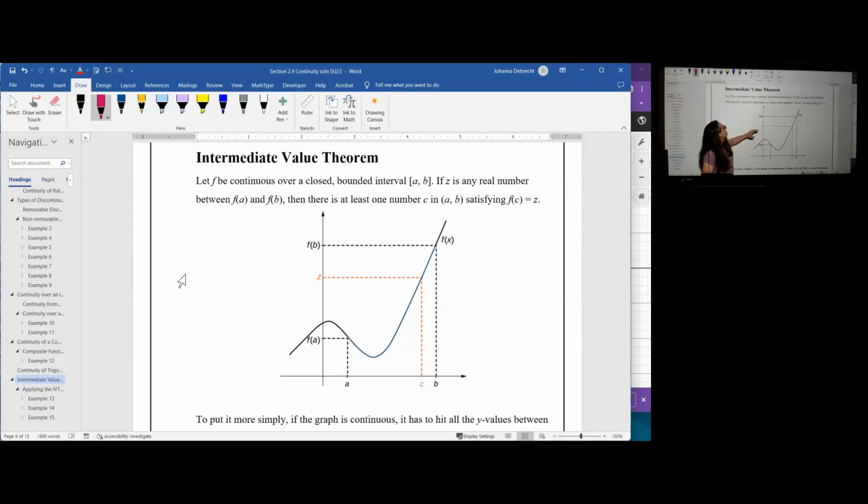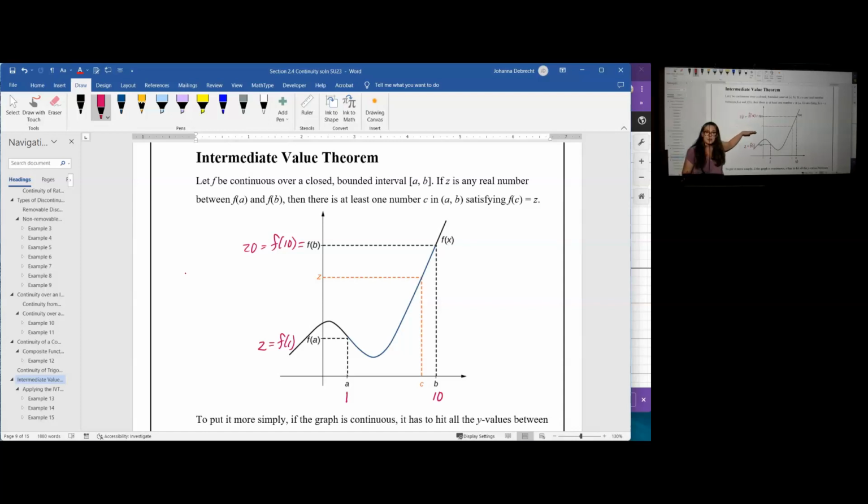If you take any real number that's between f of a and f of b, so let's pretend that a is 1 and b is 10, then f of a is f of 1, and let's just suppose that that's 2, and f of b is going to be f of 10, and let's suppose that that's 20.